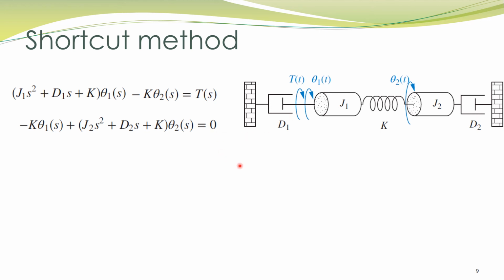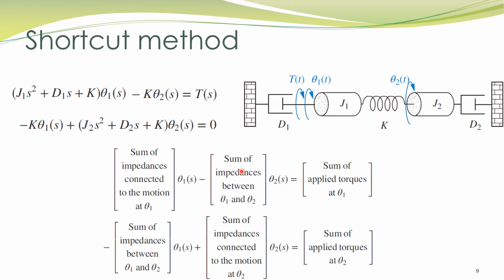So similar to the situation which we discussed for the mechanical system with translational displacement, we have a shortcut, that is, theta 1 multiplied by the sum of impedances connected to this motion theta 1, minus theta 2 multiplied by the sum of impedances common between theta 1 and theta 2, equal to the sum of the applied torques at displacement theta 1.